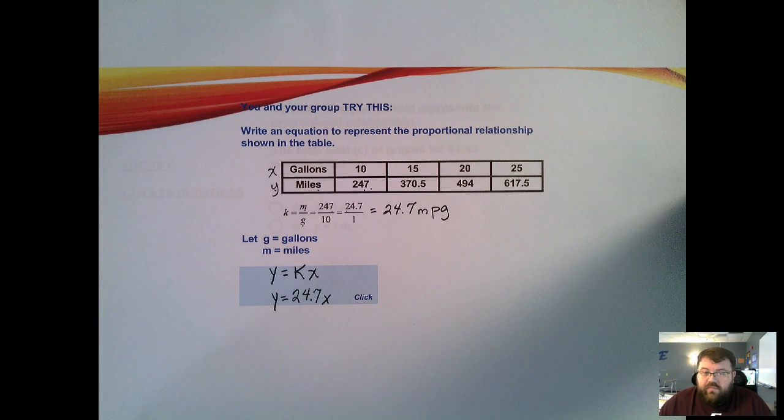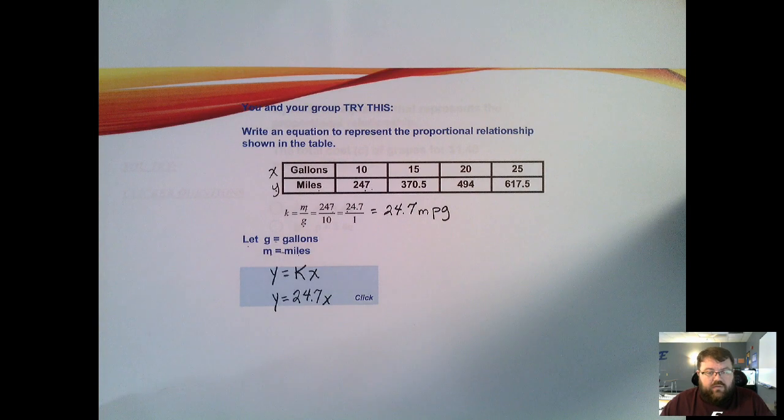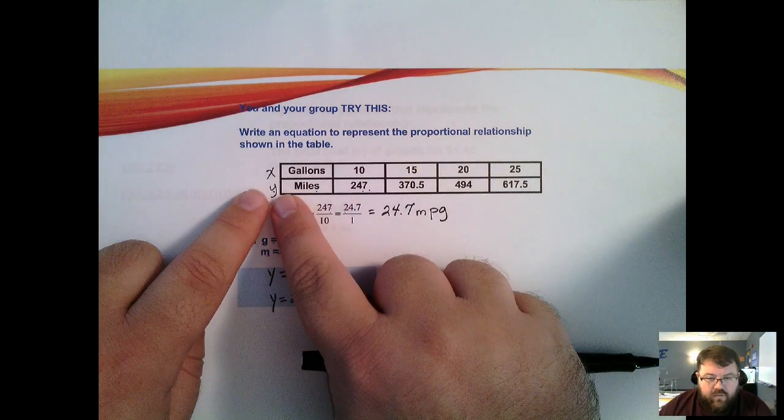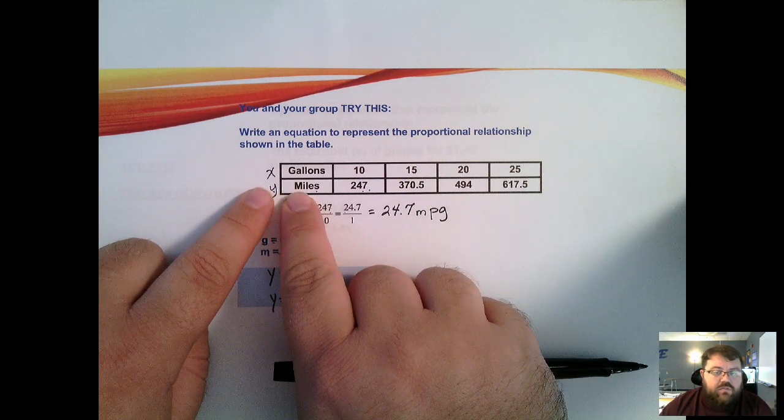Now, we're not done, because it told us in our problem, let G equal gallons, M equal miles. Well, the value of Y is here for M, which is miles.